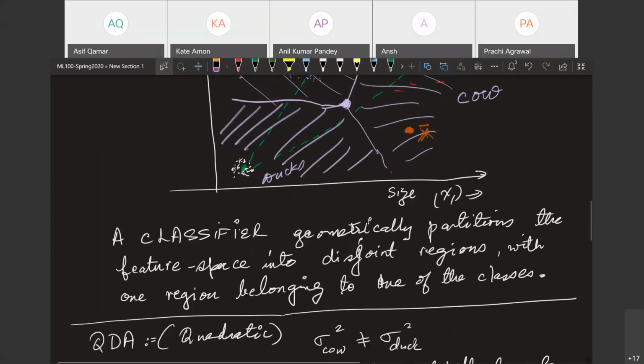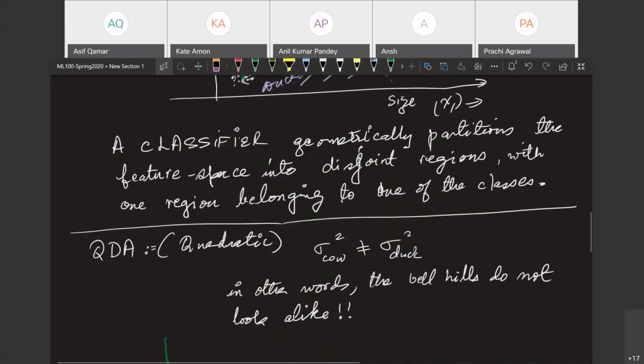So in simple terms, a classifier geometrically partitions the feature space into disjoint regions, with each region belonging to one of the classes. It is a property not just of discriminant analysis, but of all classifiers. It's a universal property. What classifiers do from a geometric perspective is they take the feature space and create disjoint partitions or regions of the feature space and give each partition a class, one class only.